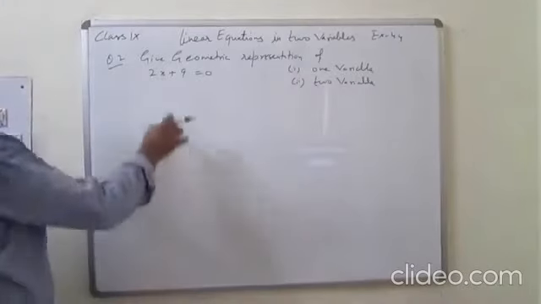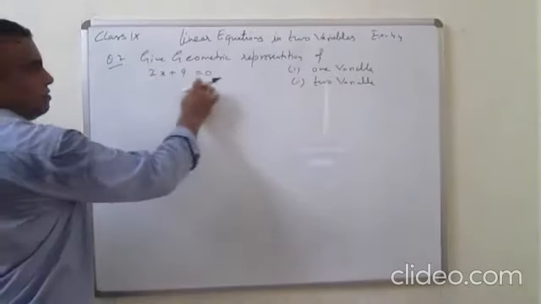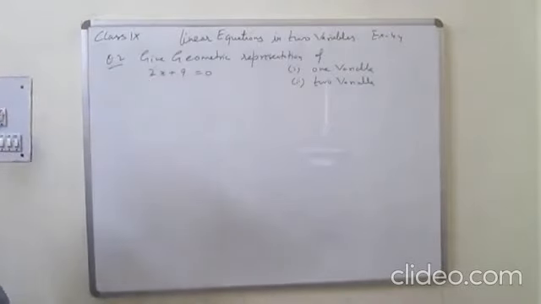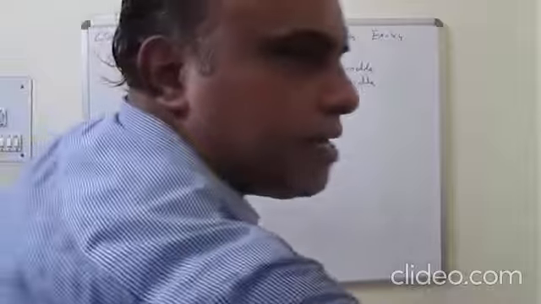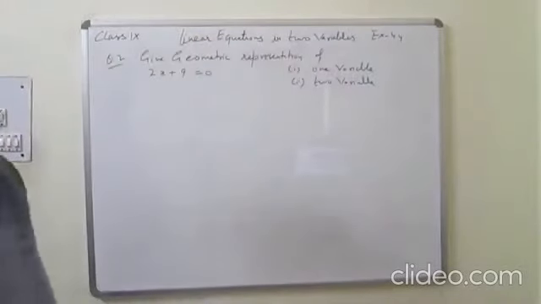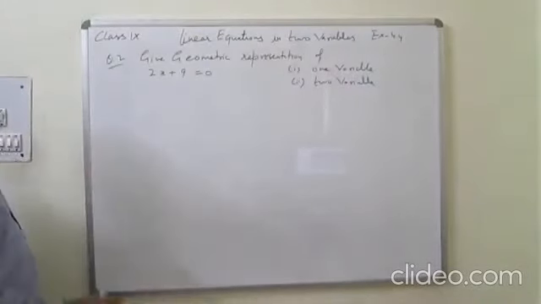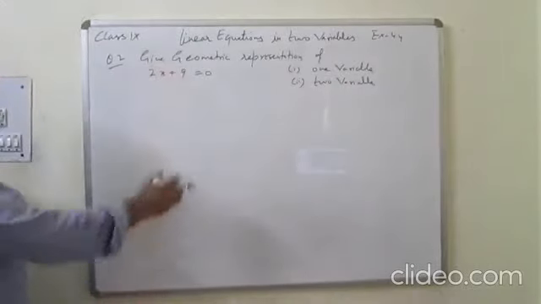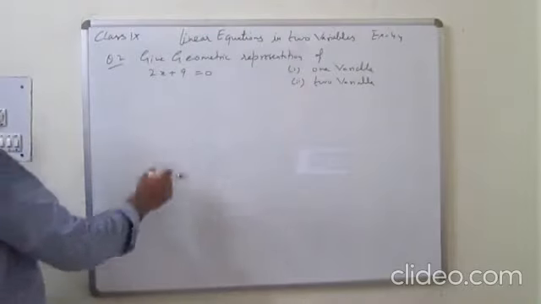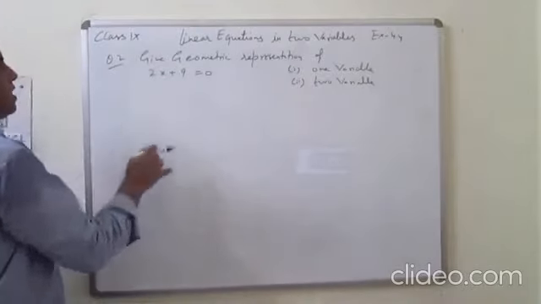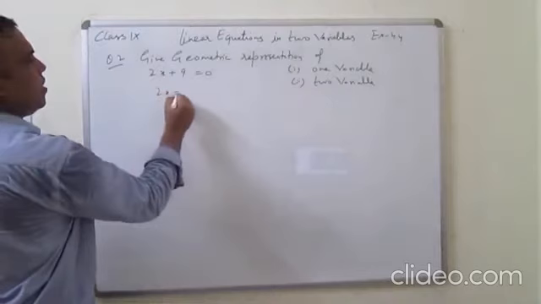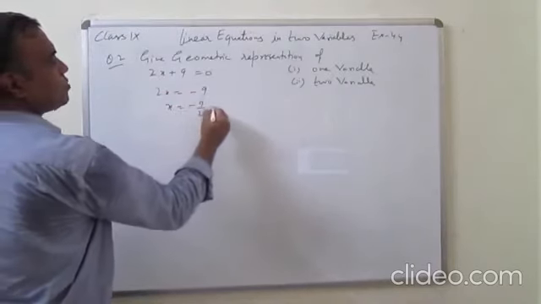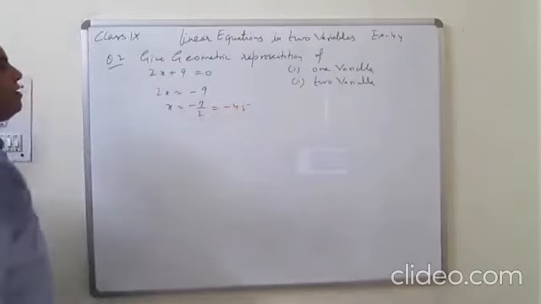So here, which variable is not there? In ax plus by plus c, y is not there, so what is y? It is 0. If y is 0, then it is a line parallel to the x axis, parallel to the y axis. To solve it, 2x is equal to minus 9, x is equal to minus 9 by 2, which is minus 4.5.